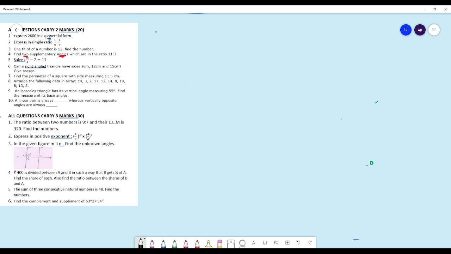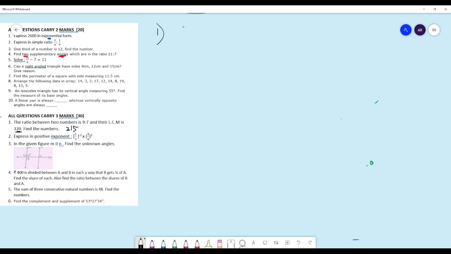The ratio between two numbers is 9 and 7. Yes, I know there was a typo over here. It should actually have been 315, but those of you who got the process correct, I have given you marks for that.